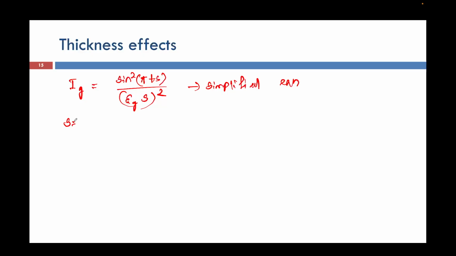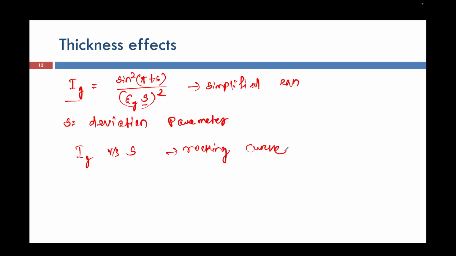Here we are only talking about diffraction taking place from one single Bragg plane, and after getting diffracted, the beam is directly collected at the detector. If I plot Ig versus S, that means intensity versus the deviation parameter, I will get a curve known as the rocking curve.